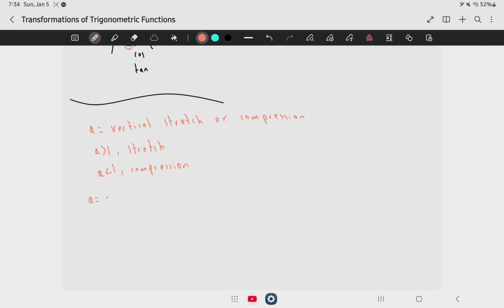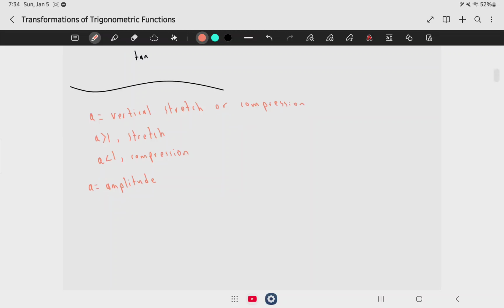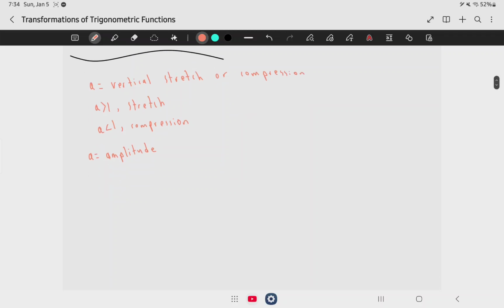So the a is actually the amplitude in a trigonometric function. So if I had y is equal to 4 sine x, let's say, this 4 here, because it's in front of the sine, it is going to represent the amplitude.